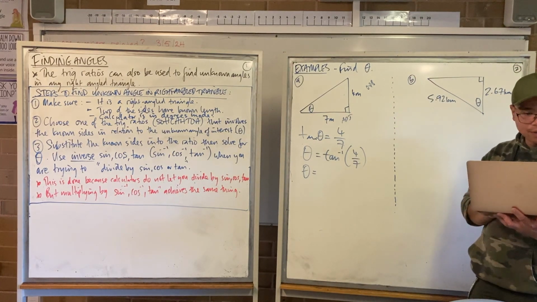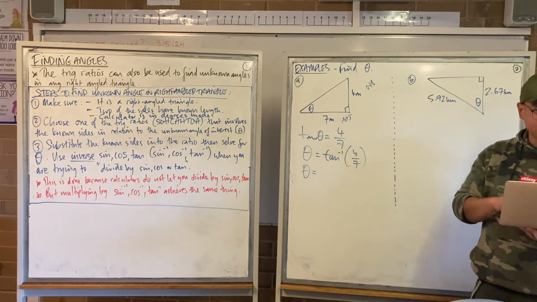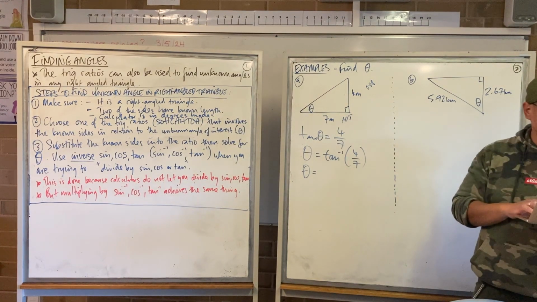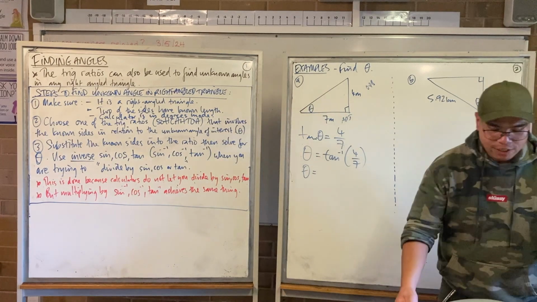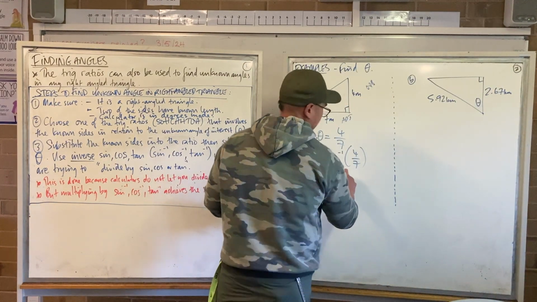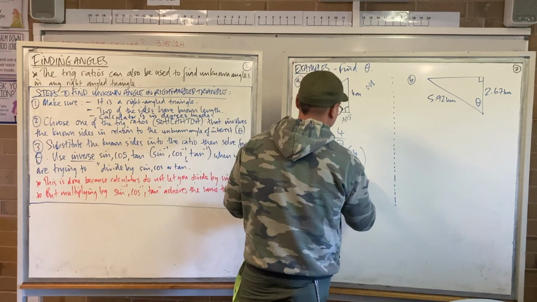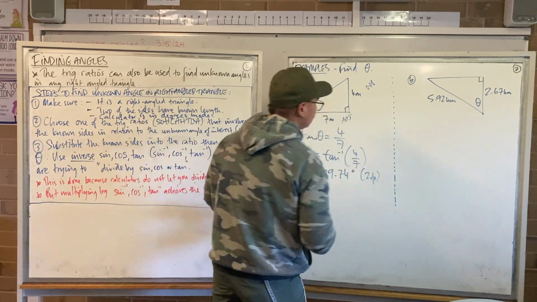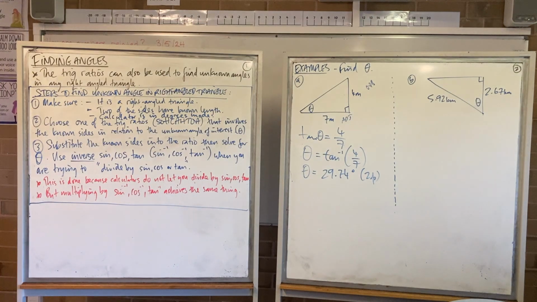And then I go second on the Apple calculator, and then tan becomes -1. So if I do that, I get 29.74 degrees rounded to 2 decimal points. So instead of dividing by tan when you want to get theta by itself, you do tan to the -1.